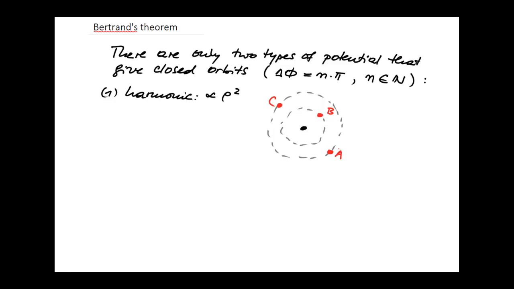The body will touch the inner circle at point B and then go to the outer circle and touch it at point C. So the angle delta phi that the body has moved in going from A to C, the delta phi is equal to pi.